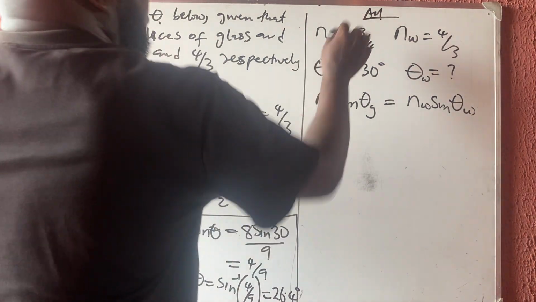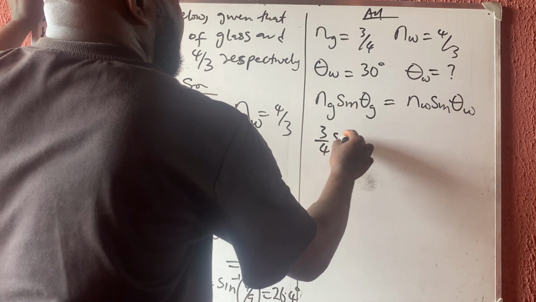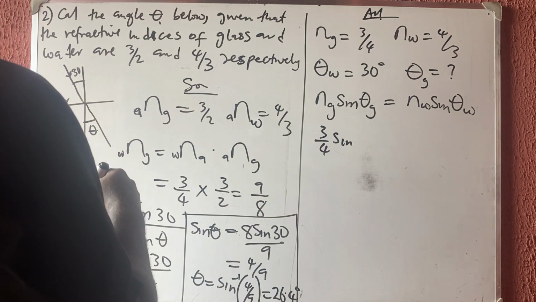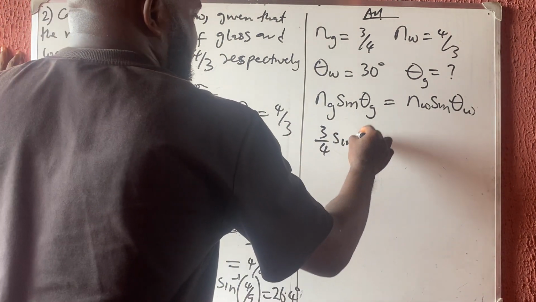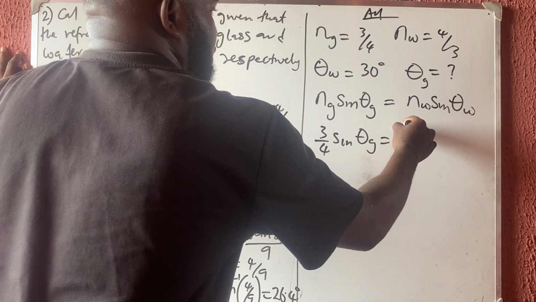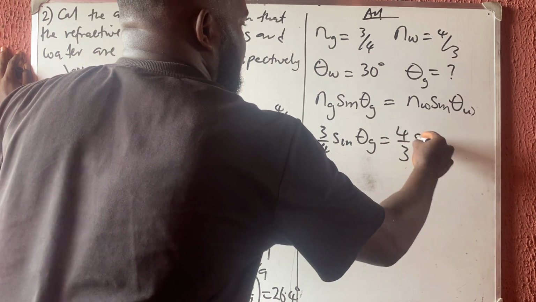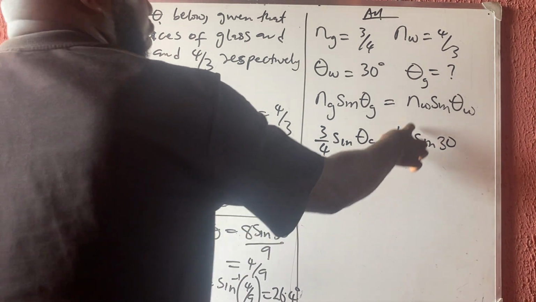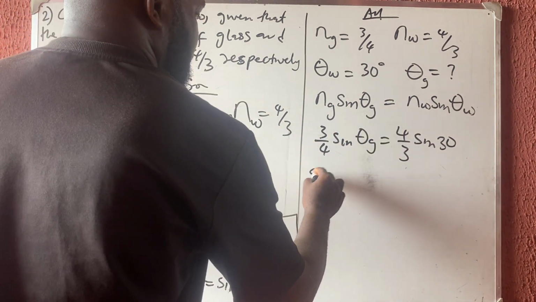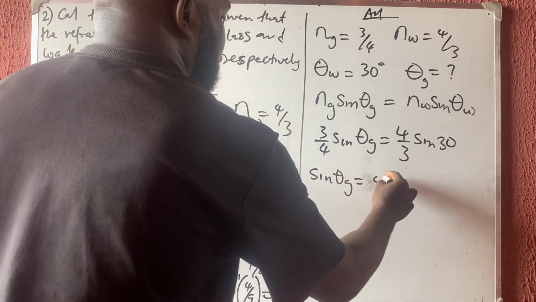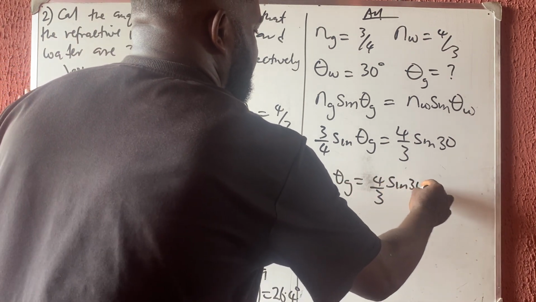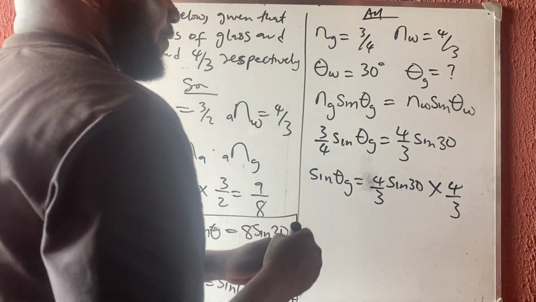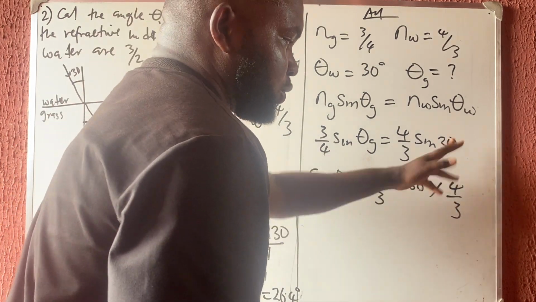So n of g, which is 3/4, sine theta of g, is equal to 4/3 sine 30. Now, this one will go up, this one will come down. So sine theta of g is equal to 4/3 sine 30 times 4/3, because it's supposed to be divided by 3/4, so if you change divide to times, it will turn to 4/3.